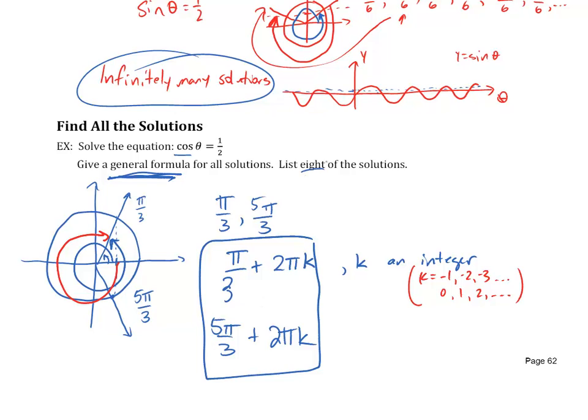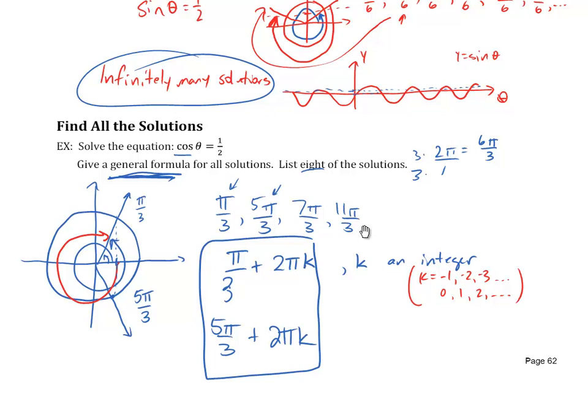Now to get 8 solutions, let's just add those rotations. Remember that in the case of pi over 3, the denominator is 3, so 2 pi is the same thing as 6 pi over 3. Just multiply by 3 over 3 to get this. And now I'm just going to add 6 pi over 3 to this guy and to this guy. That gives me 7 pi over 3 and 11 pi over 3.